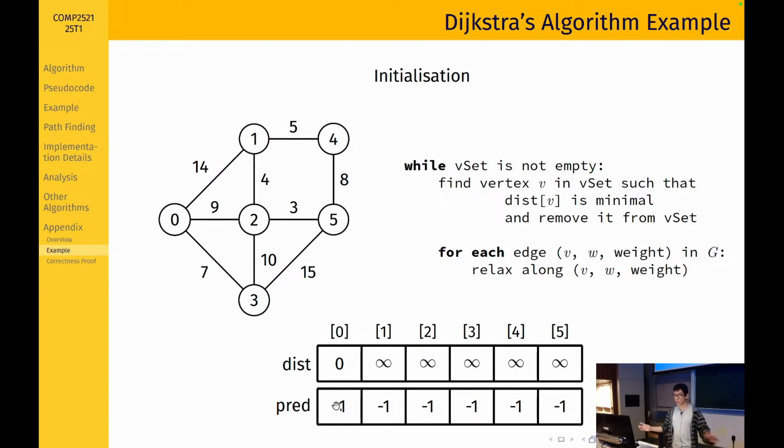The predecessor to all the vertices is initially -1. And here is the main loop of Dijkstra's algorithm for reference. So in our first iteration, we're going to remove vertex 0 from our vset, because that's our starting point.